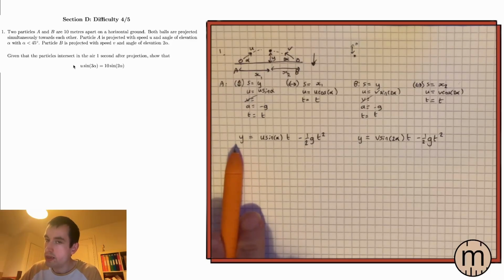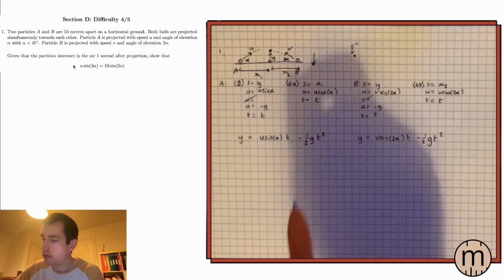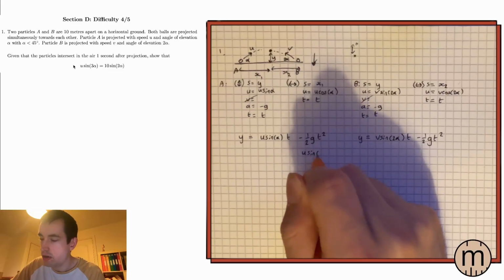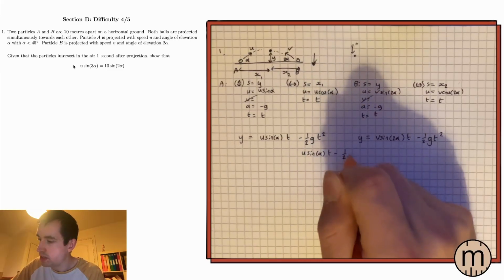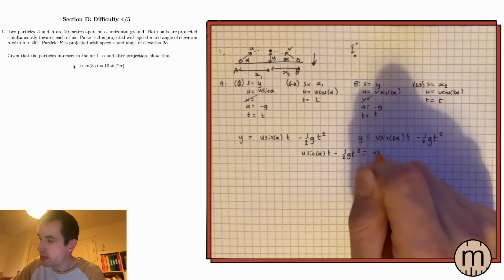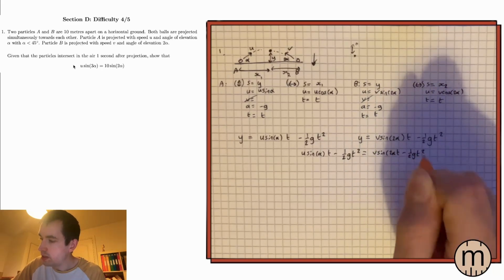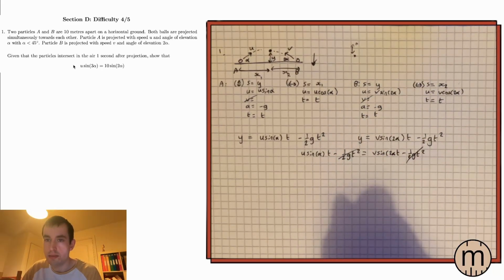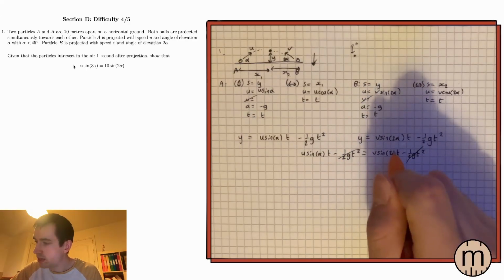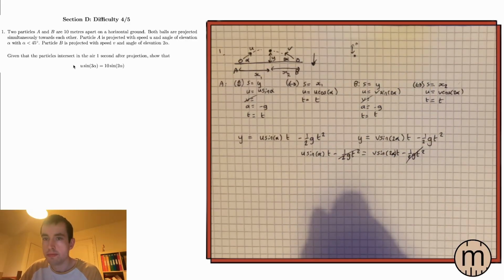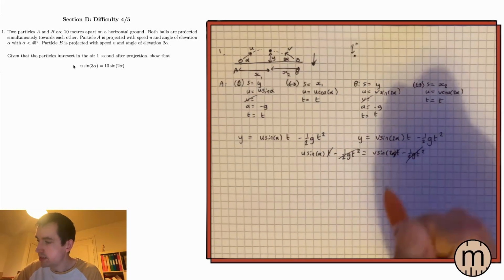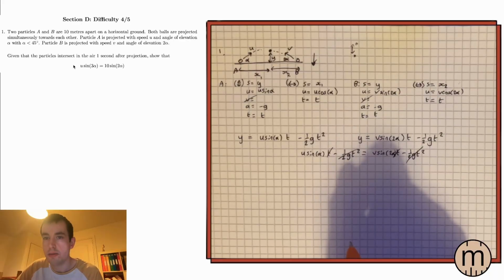Well, this is y, and this is y. So that means that these two must be exactly the same as each other. And if these two are exactly the same as each other, then you'll notice that this disappears, and this disappears. And this needs a bracket. But we can also disappear the t's. We don't need them anymore.